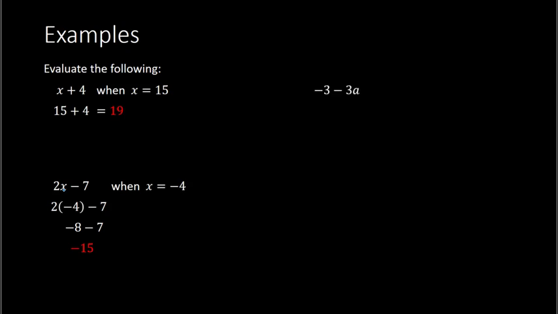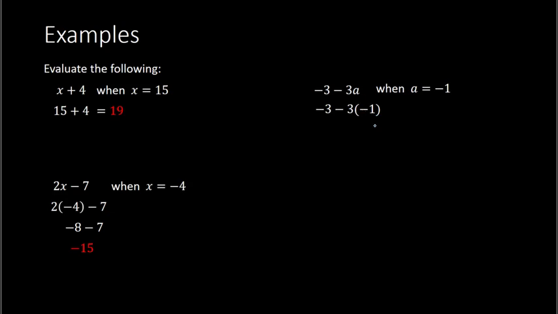Next we have negative 3 minus 3a, and you are told to evaluate when a equals negative 1. So instead of negative 3 minus 3 times a, we have negative 3 minus 3 times negative 1. I replace the a with the negative 1.